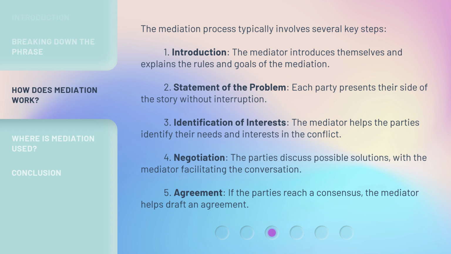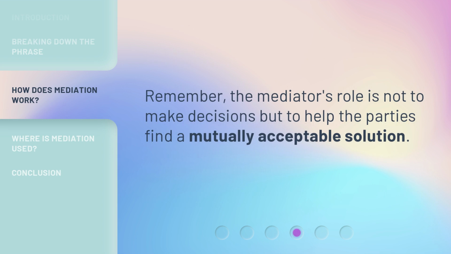Negotiation. The parties discuss possible solutions, with the mediator facilitating the conversation. 5. Agreement. If the parties reach a consensus, the mediator helps draft an agreement. Remember, the mediator's role is not to make decisions but to help the parties find a mutually acceptable solution.